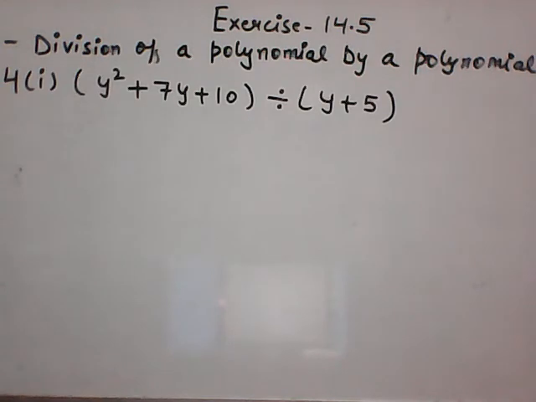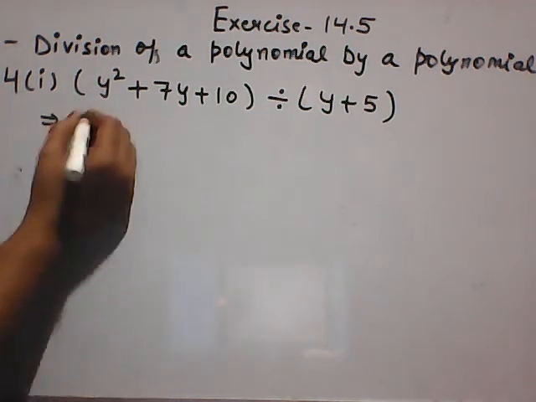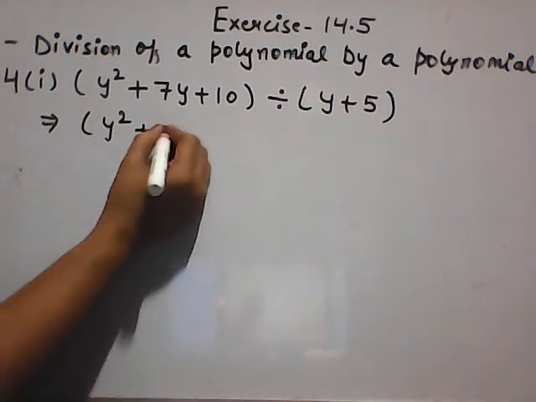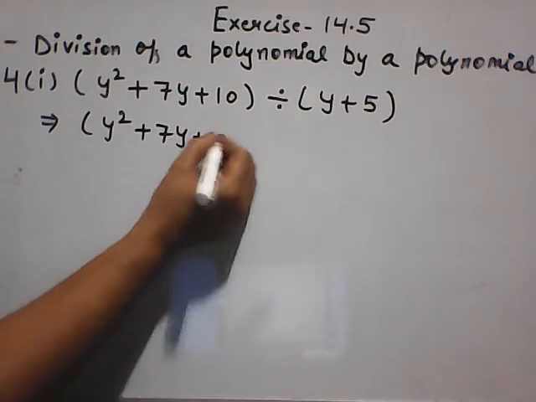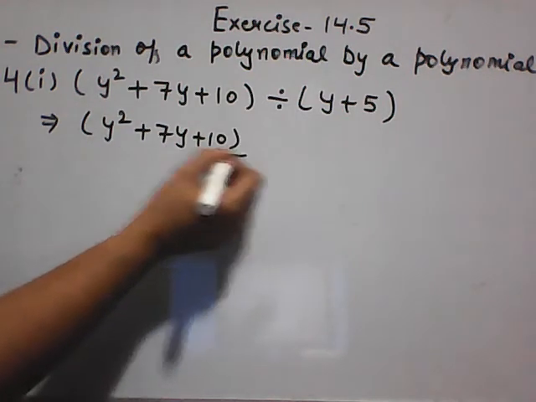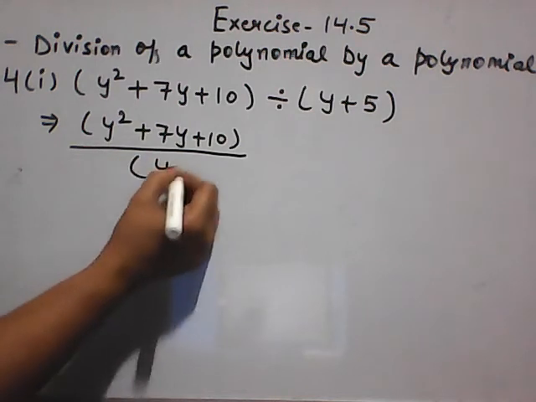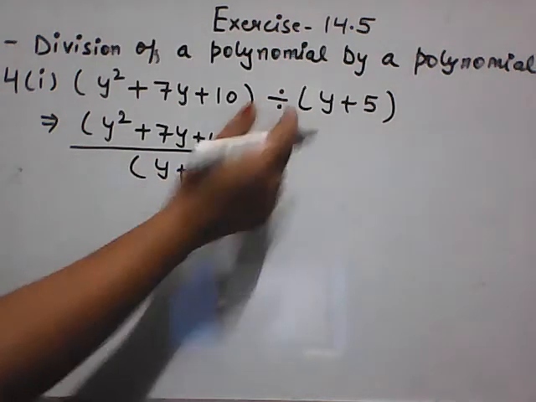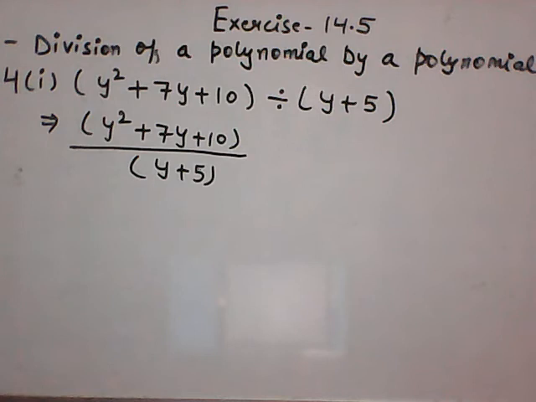In this question, the expression given to you is y square plus 7y plus 10. You have to divide this expression by y plus 5. Here we can write it in fraction form: y square plus 7y plus 10 divided by y plus 5.